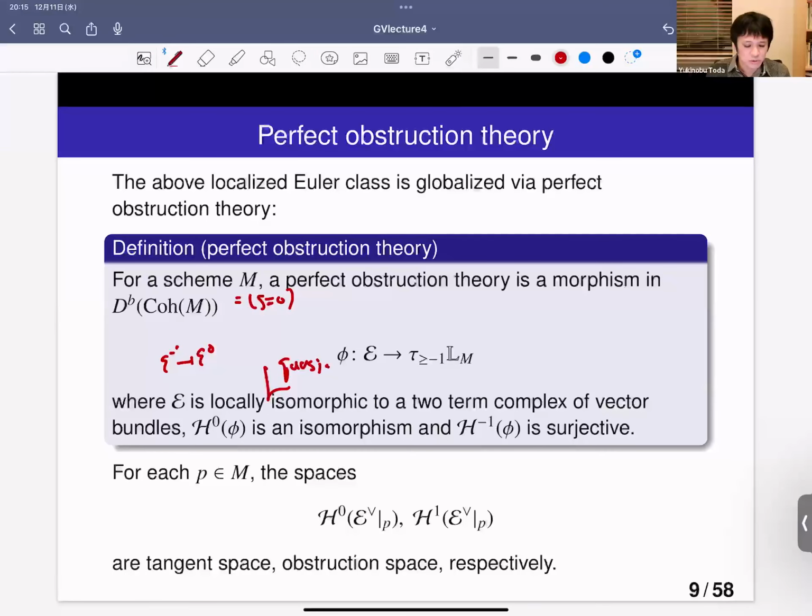And the property is that the induced map on zeroth cohomology is an isomorphism, and on the -1 cohomology is surjective.